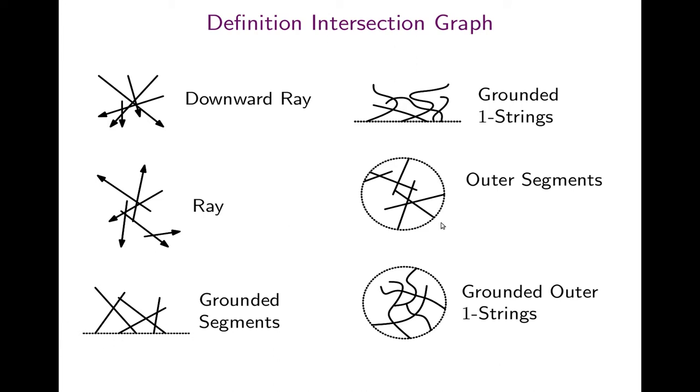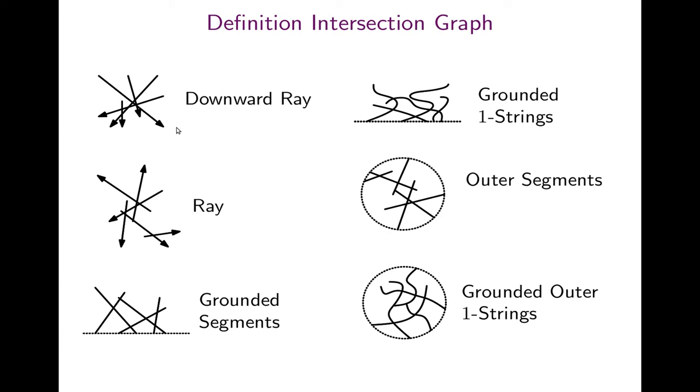For outer segments, all the objects are attached to a circle. For rays, this is not so obvious what the ray is attached to, but you can think of those rays as being attached to the circle at infinity, and downward rays to the line at minus infinity.